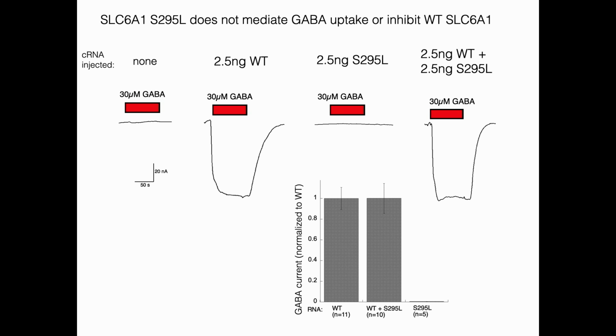What we could see was that the mutant RNA by itself didn't give rise to any transport current at all, and it didn't give rise to any radio-labeled GABA uptake at all. It also didn't have any effect on the wild-type RNA transcript's ability to induce a GABA current and GABA uptake. This gave us some reassurance that it would be a good strategy to try to find ways to upregulate the wild-type copy of the SLC6A1 allele, because it wouldn't be likely to be inhibited by the mutant allele.